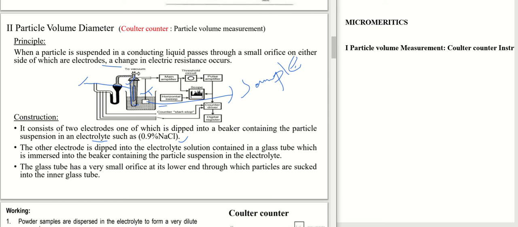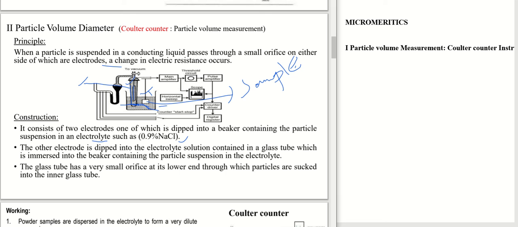It is set up in such a way that the sample solution from the beaker will enter through this orifice. All the particles will be sucked through this orifice into the glass tube. This is the basic construction.